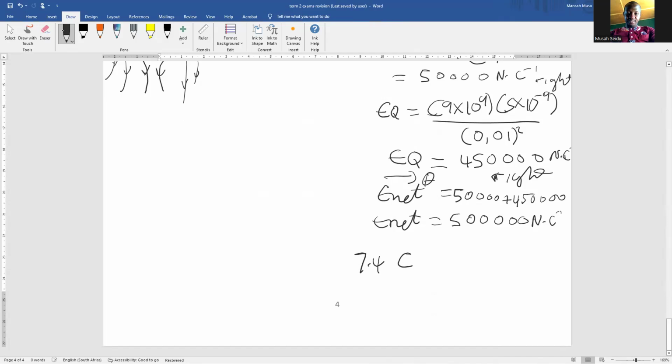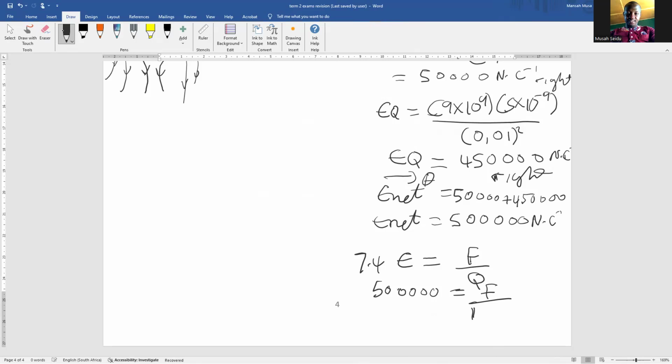So if that is the case, how do we calculate this? We have to say our E, which is the electric field, is equal to the force over the charge. The electric field is 500,000. So 500,000 is equal to the force, which I'm looking for, over the charge. What is the charge of an electron? It is 1,6 times 10 to the power of negative 19.